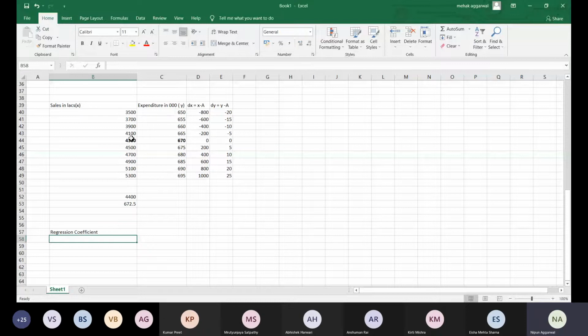That means expenditure is my cause variable and sales is my effect variable. So in regression there is always a dependent and an independent variable. The dependent variable is the effect, and the independent variable is the cause. So in regression coefficient, we want to analyze whether sales is because of expenditure or expenditure is because of sales.